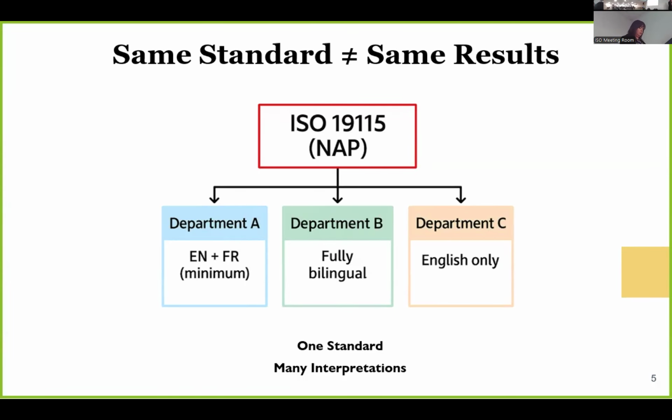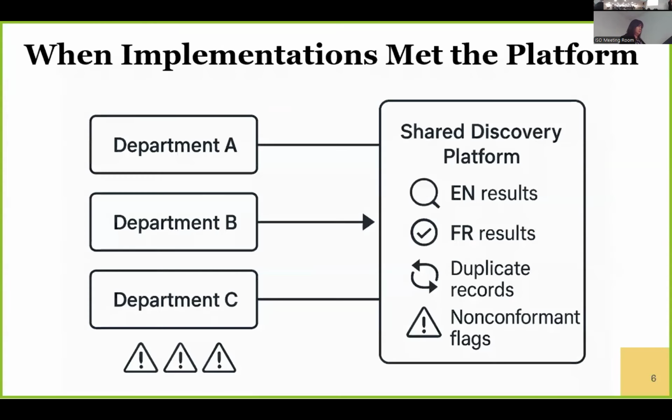So what happened really, it didn't matter while we were within the same department, but when we came to meet on the platform, the common geospatial platform of 21 departments and agencies working together, all of a sudden we started getting fewer French results.